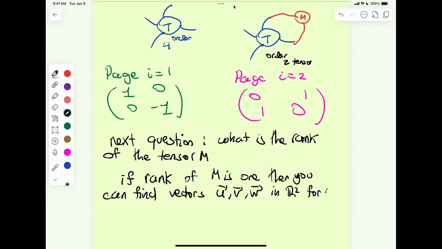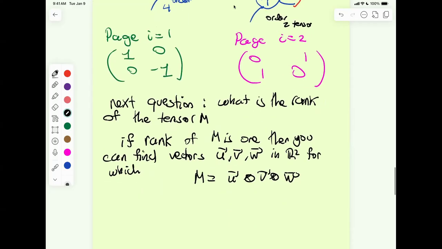for which M is U tensor V tensor W. Okay? And again, let's be a bit more precise about what that means. It means that the entry ijk of this tensor, if you remember how the tensor product works, is basically all the possible multiplications between all the possible entries.